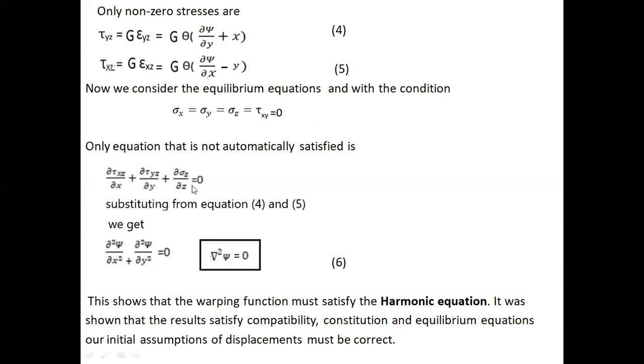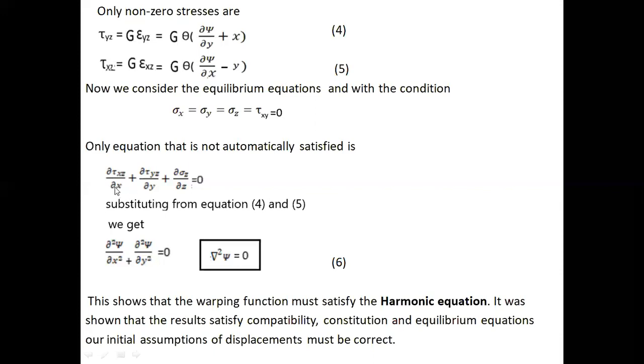So this is the only equation of equilibrium which is not satisfied automatically. If you check the 3 equilibrium equations, you will see that the first 2 are automatically satisfied. I think you can check it, it's not very difficult. Only the third equation is not automatically satisfied.